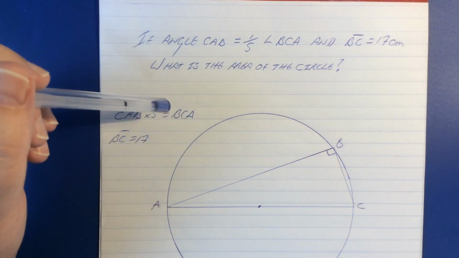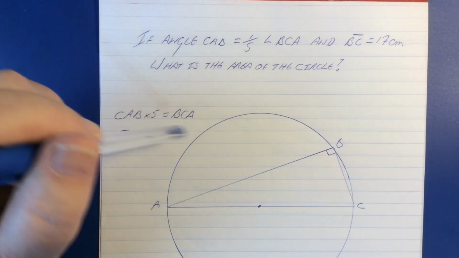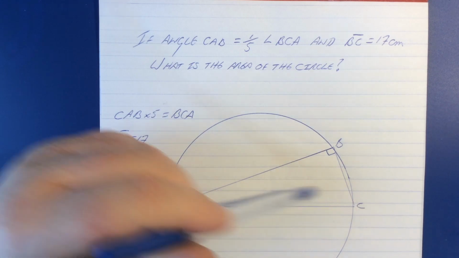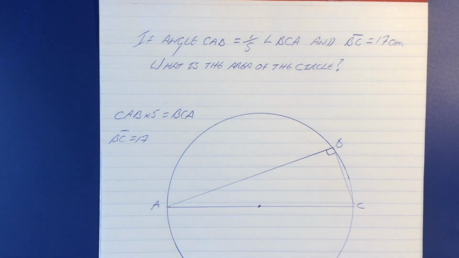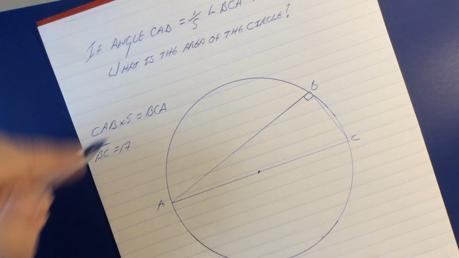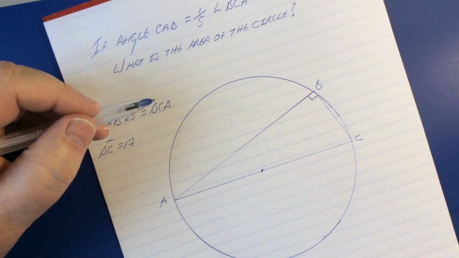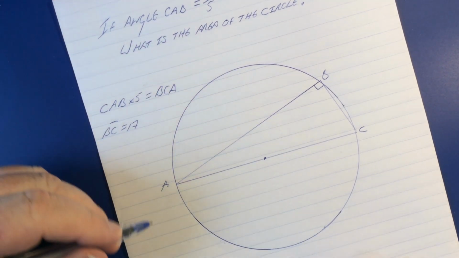Now, we have a couple of things going for us. We know that this angle plus this angle must equal 90 degrees because that is a right angle. So, what we know is that BCA is equal to 5 times CAB.